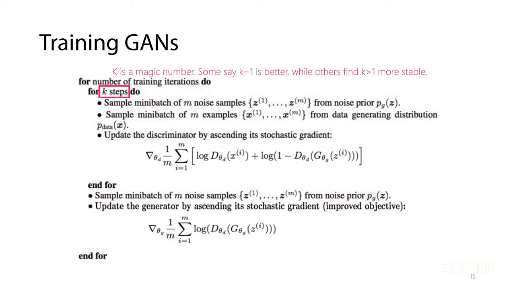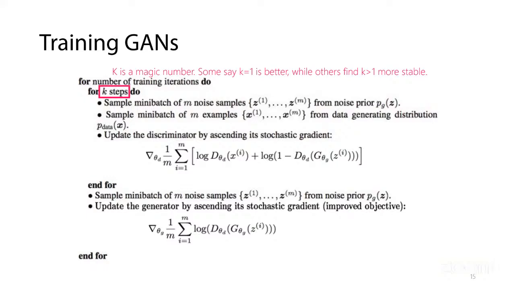This is sort of a magic number. Depending on the authors, some argue that you just need K equals 1. But other people argue that K needs to be higher. And there doesn't seem to be any consensus or any scientific proof. So this is something that you have to experiment with.